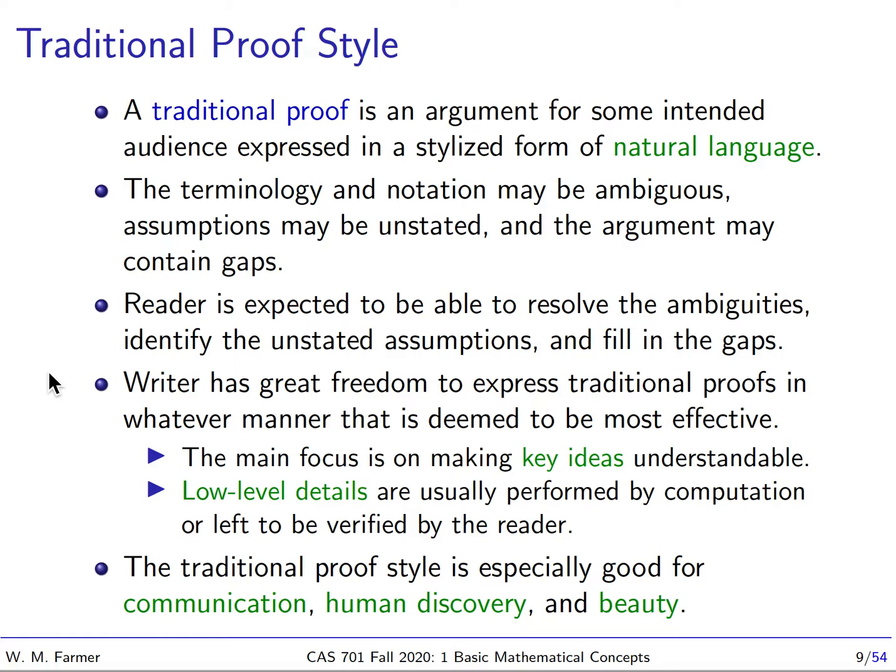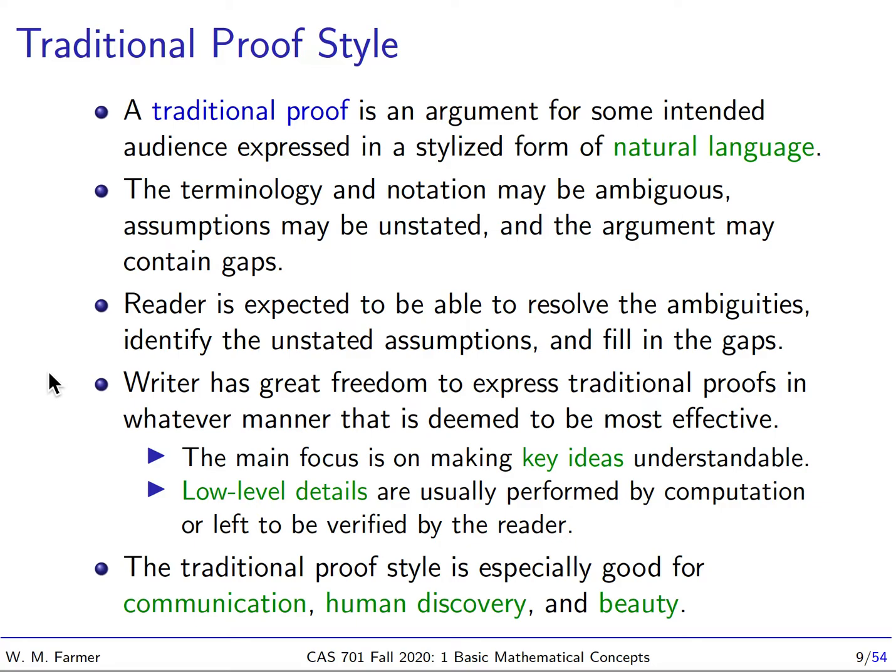So in traditional proofs, writers try to express the key ideas as well as they can. They don't worry about things the reader can verify or things that can be done by computation and so forth. And traditional proofs are especially good for communication. The reason we have traditional proofs is they are the one way of doing proof that's really good for communication. But they're also good for human discovery.